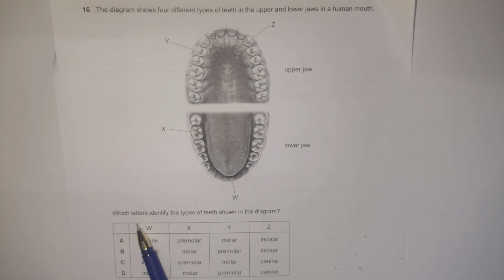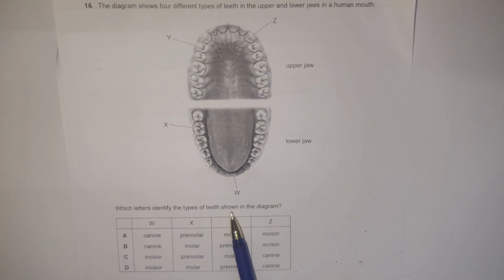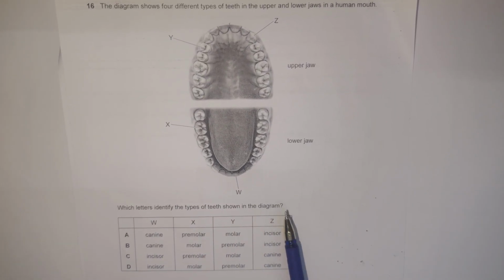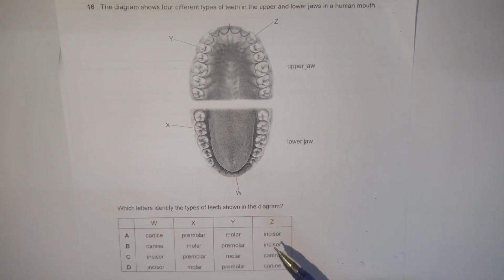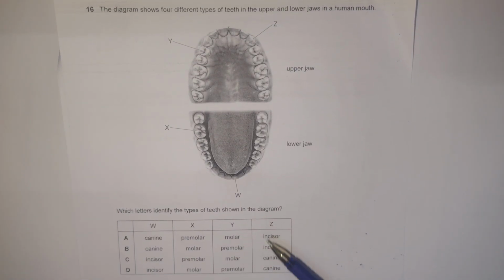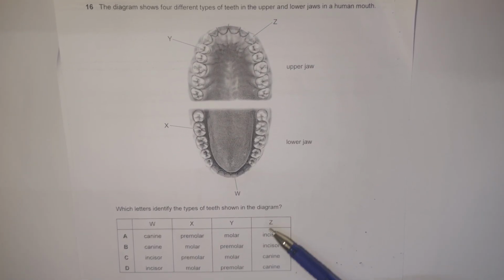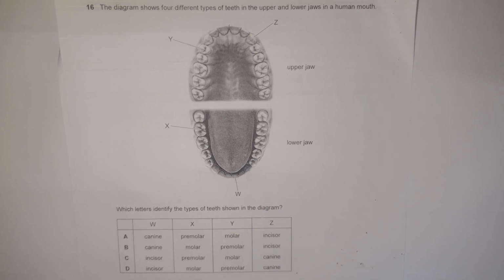The question is, which letters identify the types of teeth shown in the diagram correctly? For instance, is Z a canine, or an incisor, or a molar, or a premolar?